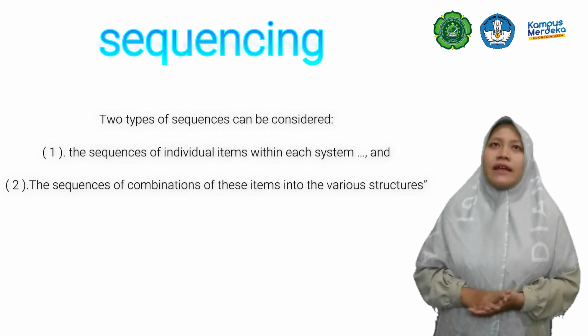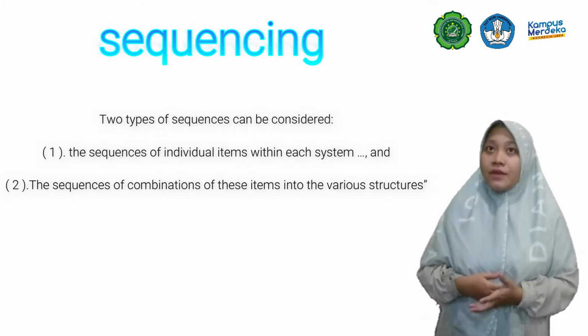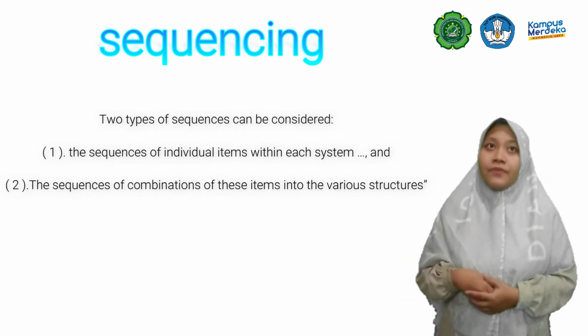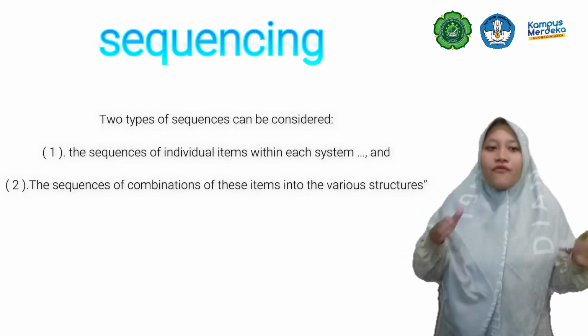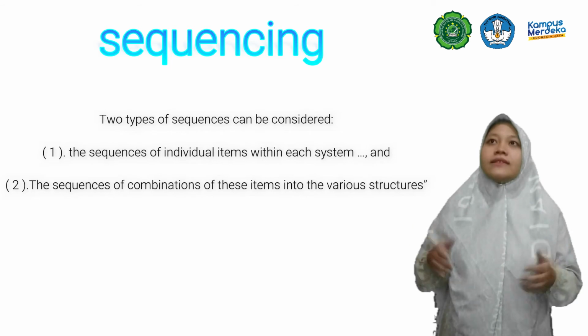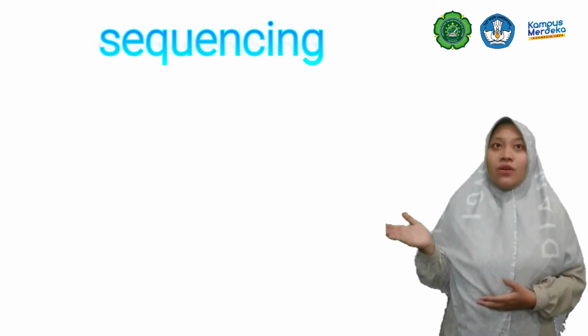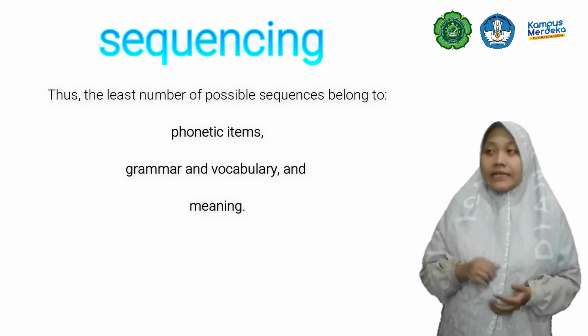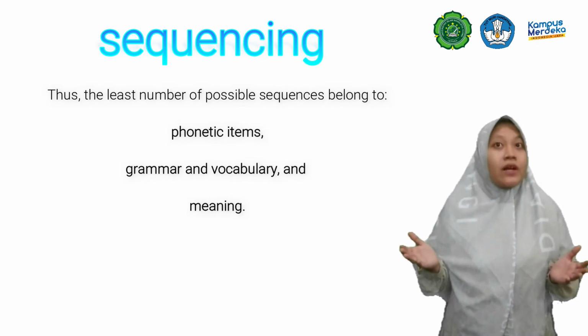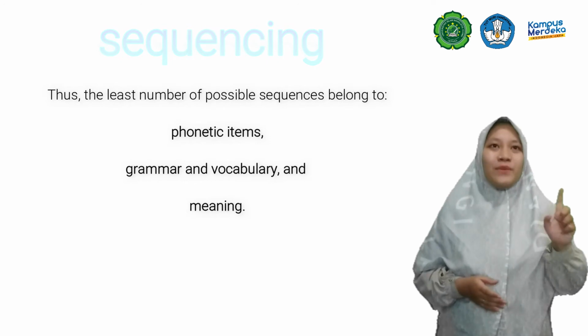The first is the sequences of individual items within each system, and the second is the sequences of combination of these items into the various structures. Thus, the number of possible sequences is less for phonetic items, grammar and vocabulary, and also meaning.